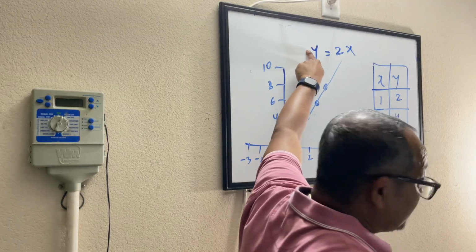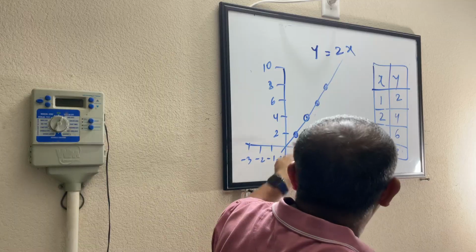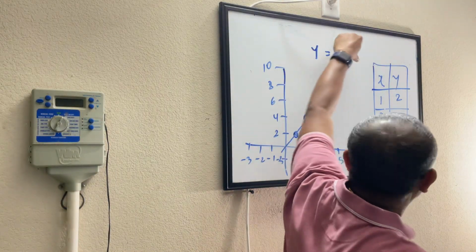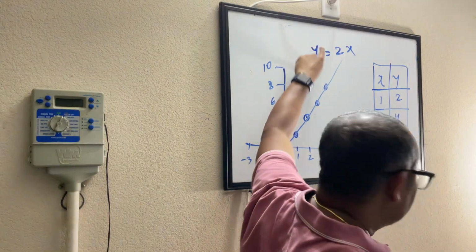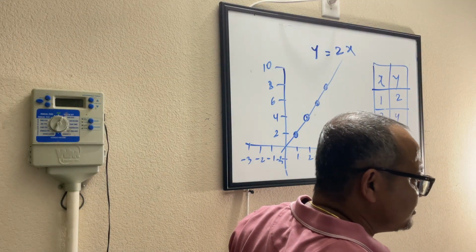So this was actually an equation which plotted a linear equation again. Linear equation because the maximum power of the variable is 1. So it's a linear equation. It plotted a straight line for us. Yeah?